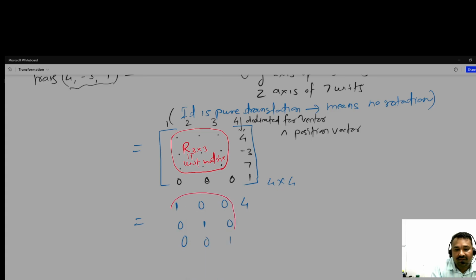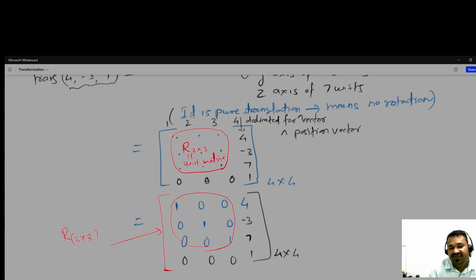This is the unit matrix, R 3 by 3, and 4, minus 3, 7, 1 is the position vector. So this is the translation matrix.